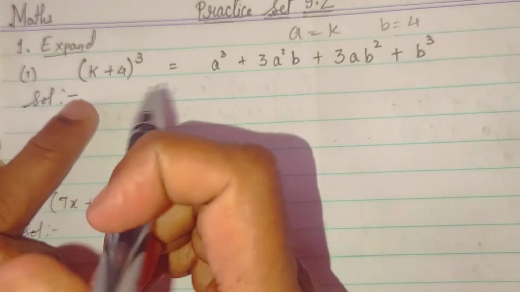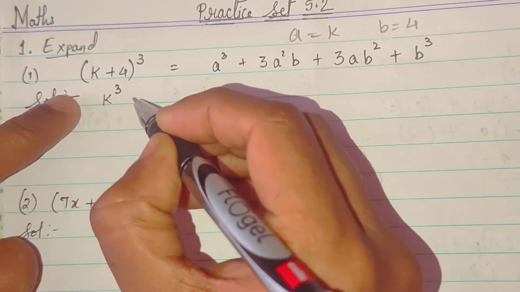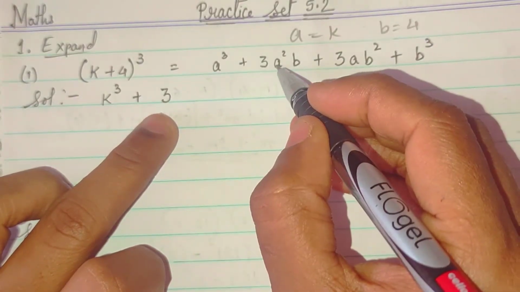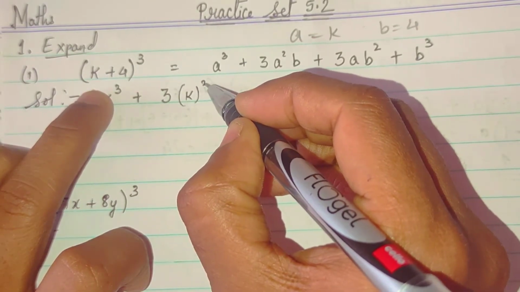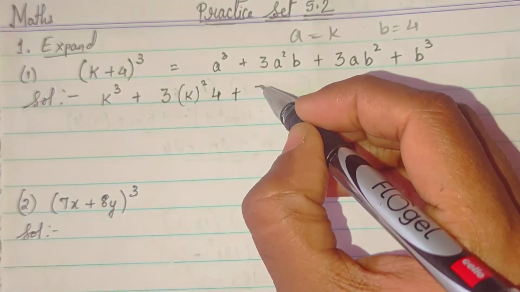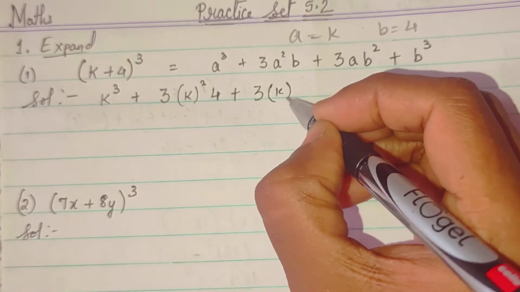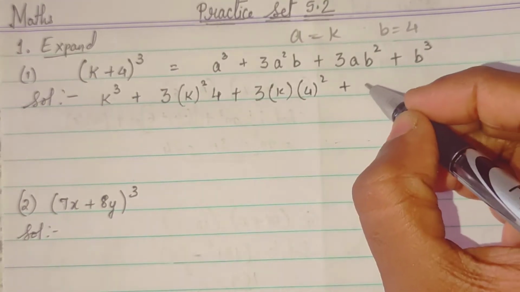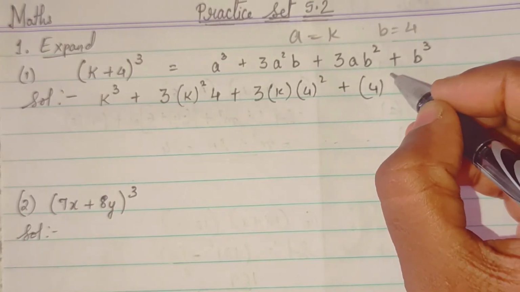So according to the formula, a cube, that is k cube, then a square, so your a is k, then b, this is your b, plus again the formula 3 a into b. So a is k and b is 4 square, plus b cube, 4 cube.